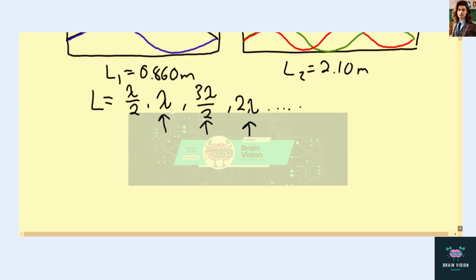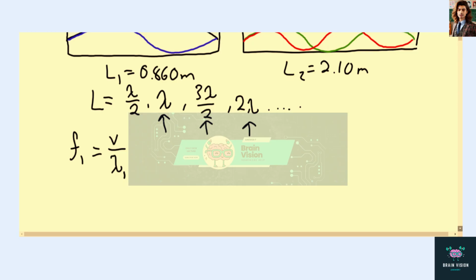The first one is the dimension of 0.86 meters. The fundamental frequency, we'll call that F1. The fundamental frequency for the length of 86 centimeters is equal to the speed of sound divided by the wavelength of the corresponding wave, which we'll call lambda 1.